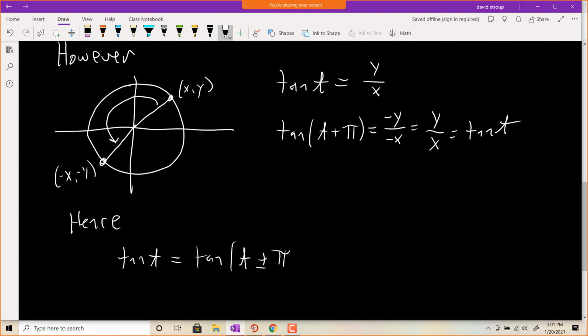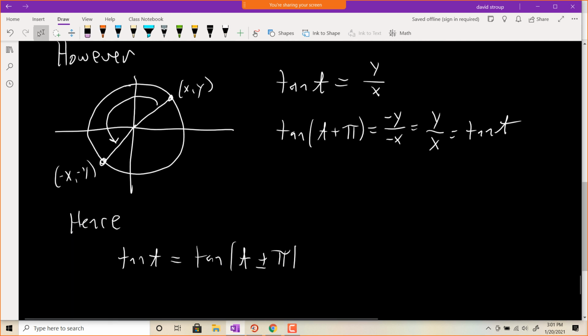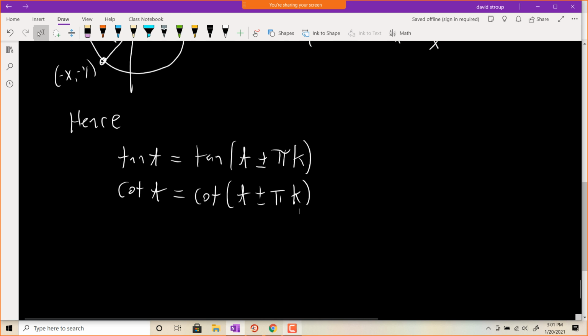So we could say plus or minus pi times, what letter did we use? K. And then cotan is the same. So this would be cotan of t plus or minus pi k. And of course that includes the even values as well.